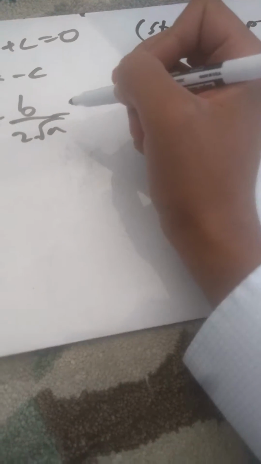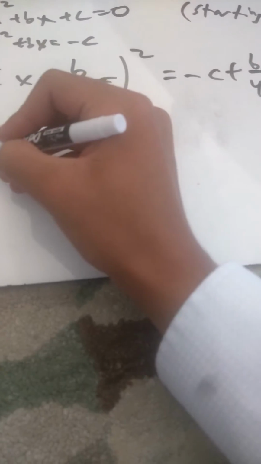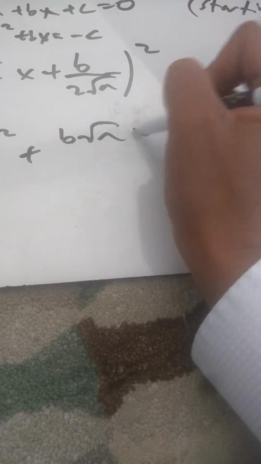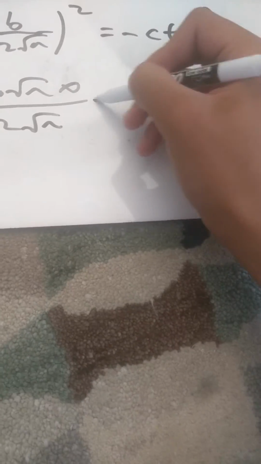So square root of a x plus b over 2 root a, and then we square all of this. And this equals negative c plus b squared over 4a, right? So we have ax squared plus b root a x over 2 root a, and then we have plus b root a x over 2 root a.